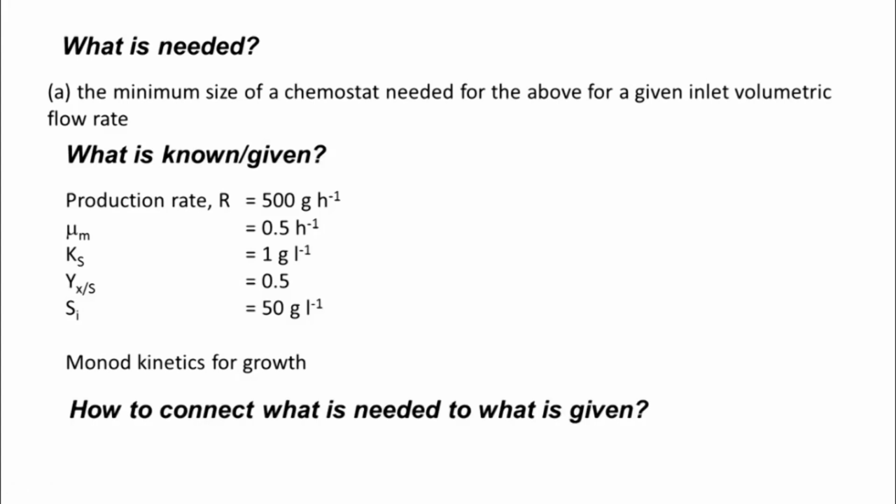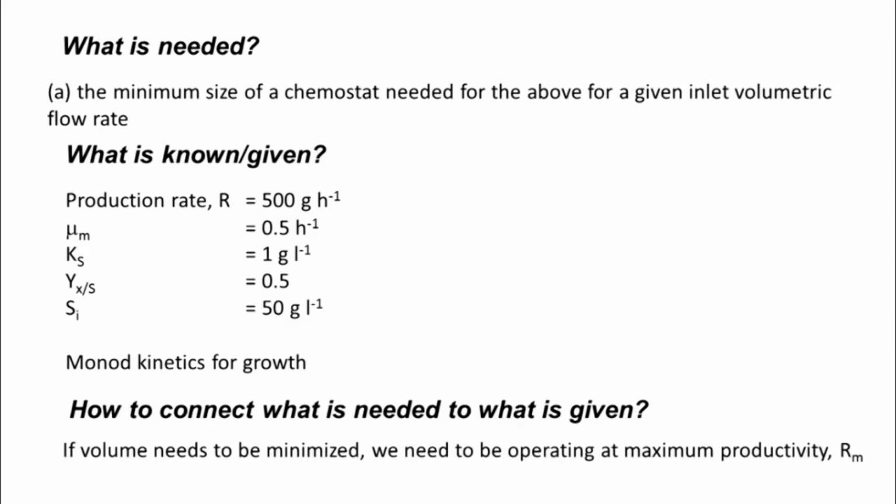Now, how do we connect what is needed to what is given? If the volume needs to be minimized, we need to be operating at the maximum productivity, Rm. That's what makes sense. Only if the productivity is maximized can the volume be minimized to get the best out.